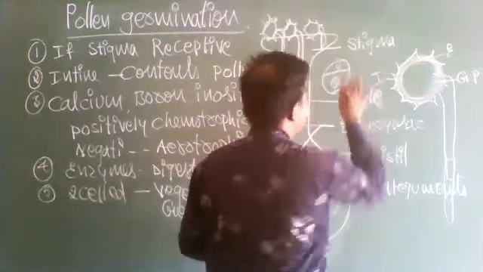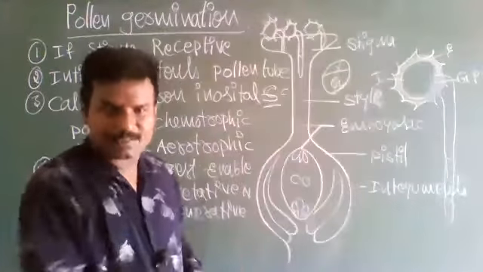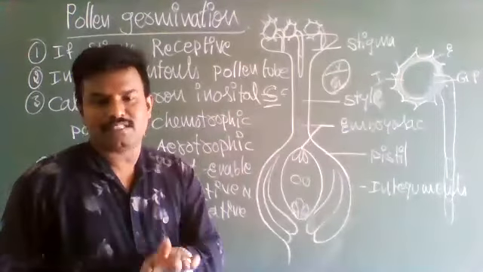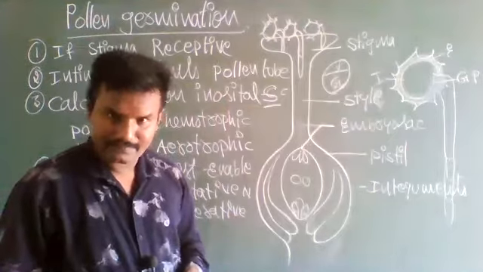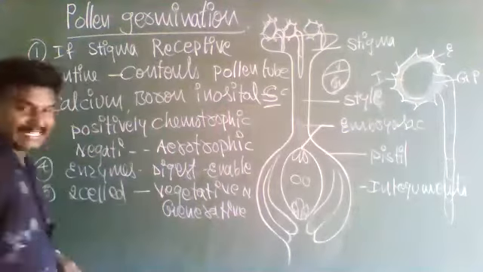Already about that explanation we have seen. Over 60% of the angiosperms, the pollen grains are shed at two-celled stage. So that is vegetative cell, generative cell.